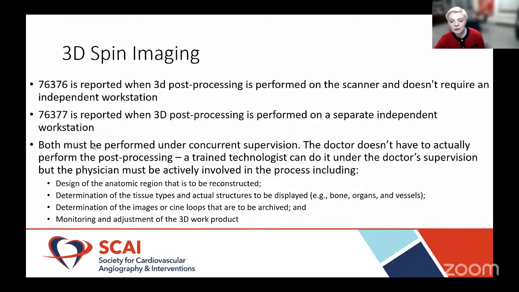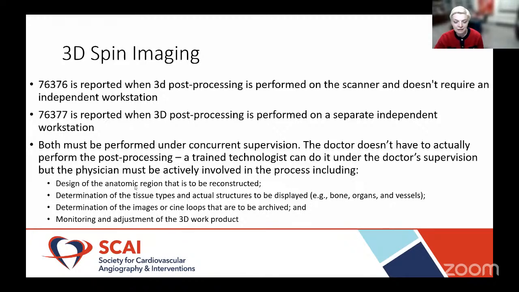Both can be performed under the concurrent supervision of a doctor, meaning the doctor doesn't actually have to perform the post-processing. A technologist can do it under your supervision, but the physician must be actively involved in that process. And this is what that means.